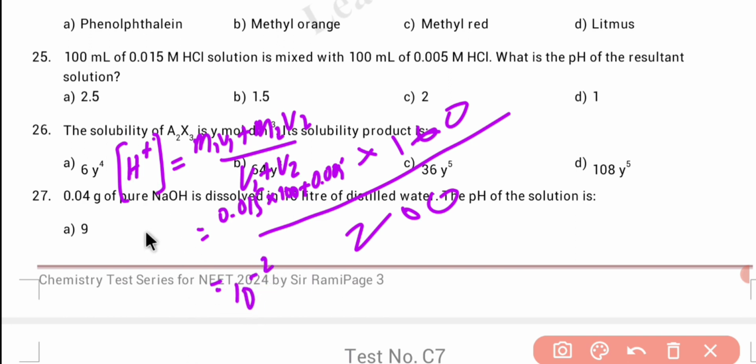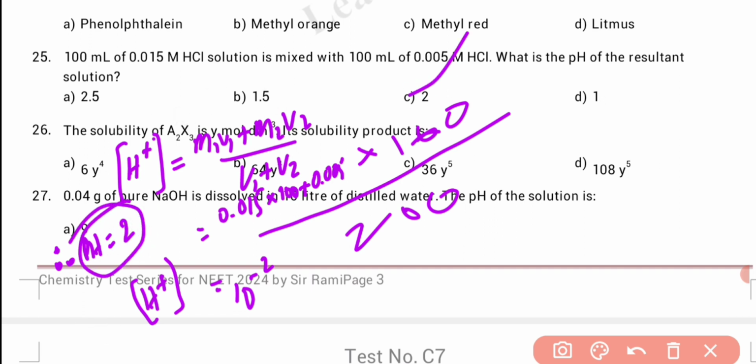So this is the H plus ion concentration. Therefore we get the pH of the solution as 2. So the correct option is C. Question 25 has the correct option C.